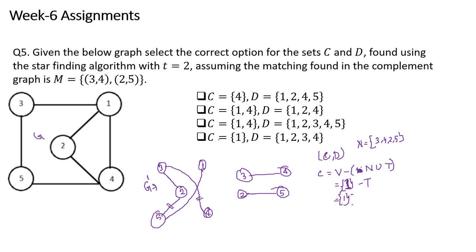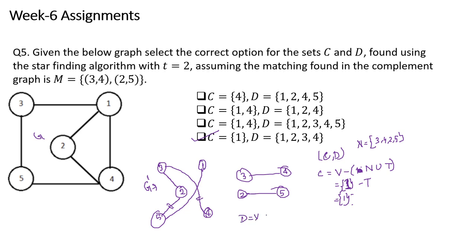Okay. Now by looking at the options, you can already see that only one option contains C equal to 1, so this must be the correct option, but just for completeness let's check the D set also. So the D set you find in this manner.